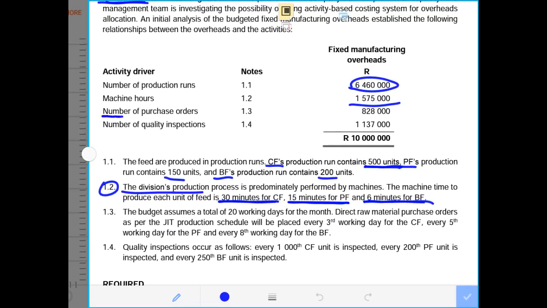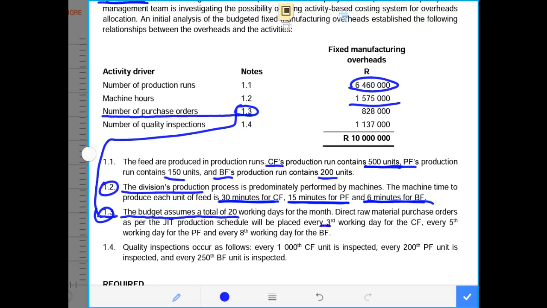It says number of purchase orders, and we go straight to 1.3. The budget assumes a total of 20 working days for the month. Direct raw material purchase orders as per just-in-time schedule will be placed every third working day for CF, every fifth working day for PF, and every 8th working day for BF.